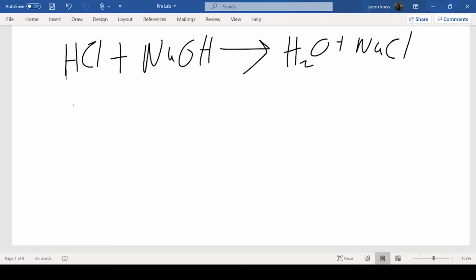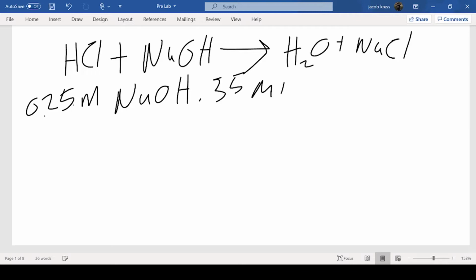So, for this example, we'll say we have 0.25 molar sodium hydroxide, and we're going to say we used 35 mL of it. And we titrated with 35 mL until we reach what's called an endpoint. You can tell your endpoints by your indicators. I'll get to that in a couple minutes.